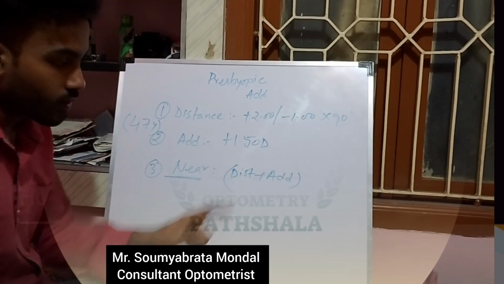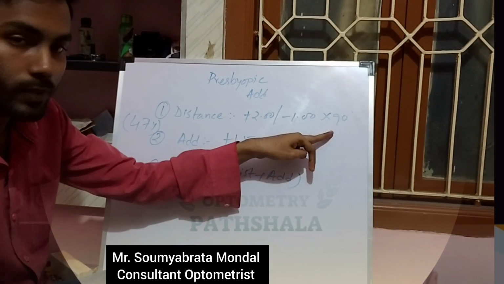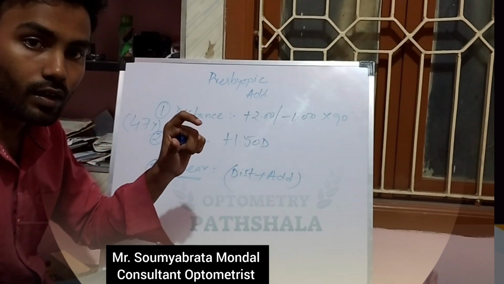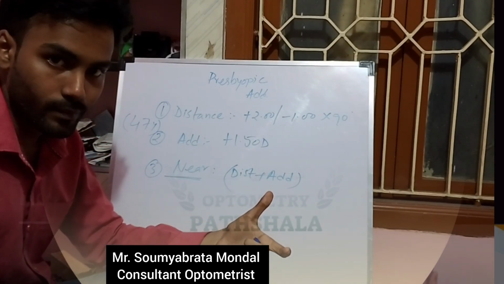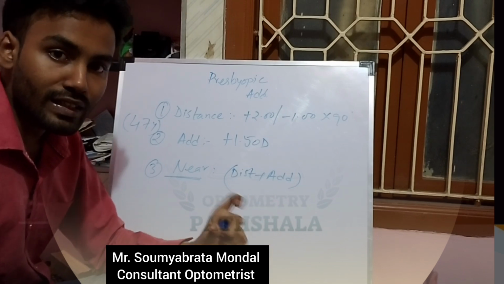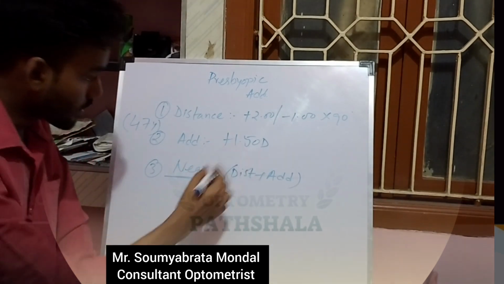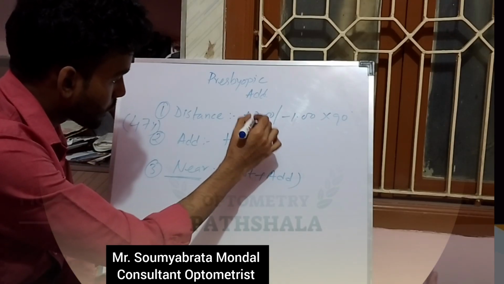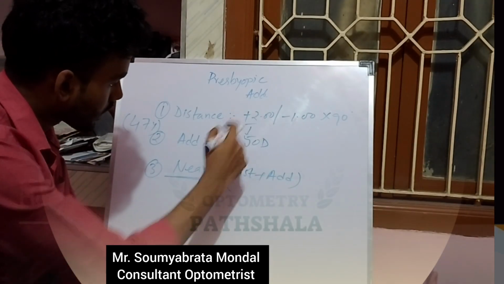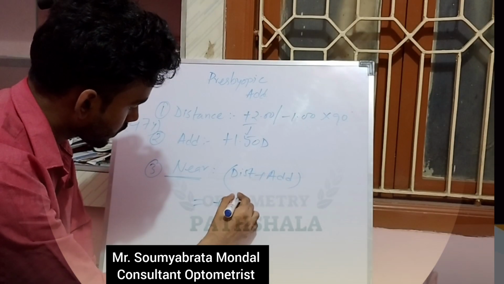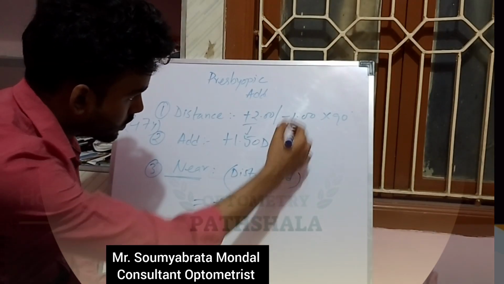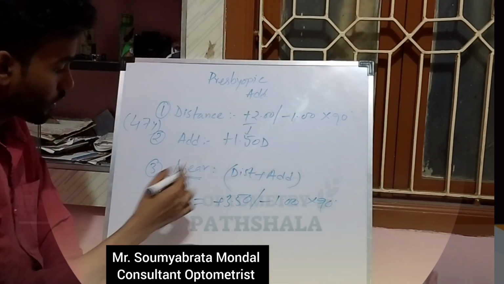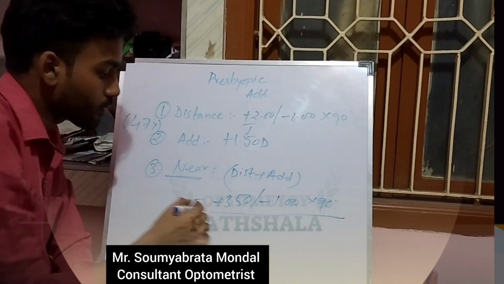This is the distance refractive correction, and this is only the addition power. But the power of the near zone of that spectacle is the spherical value plus the addition, so it will be plus 3.50 with the same cylinder at 90 degree. This will be the patient's near refractive power.